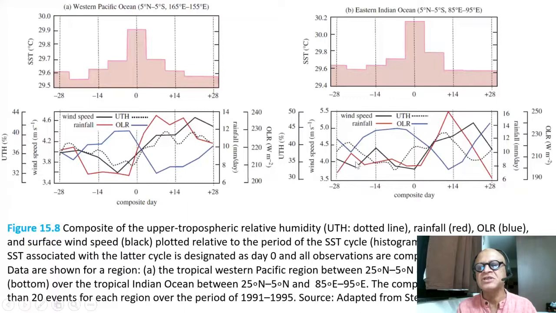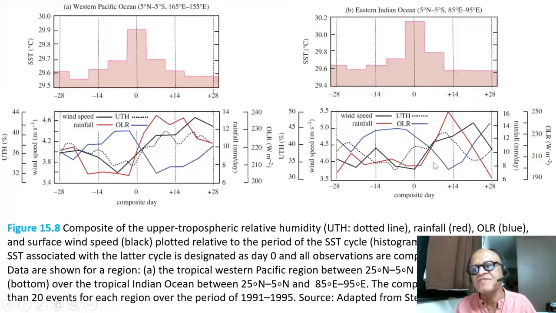Again, you can see the rainfall low during, so rainfall is shown here, the scale here is in millimeter per day, which should be this one, and wind speeds low here, and then convection kicks up the winds because convective phase is a perturbation phase associated with wind speeds, heat loss from the surface, cyclonic circulation, upwelling, entrainment, cooling, and so on. Upper tropospheric humidity builds up as the SSDs warm.